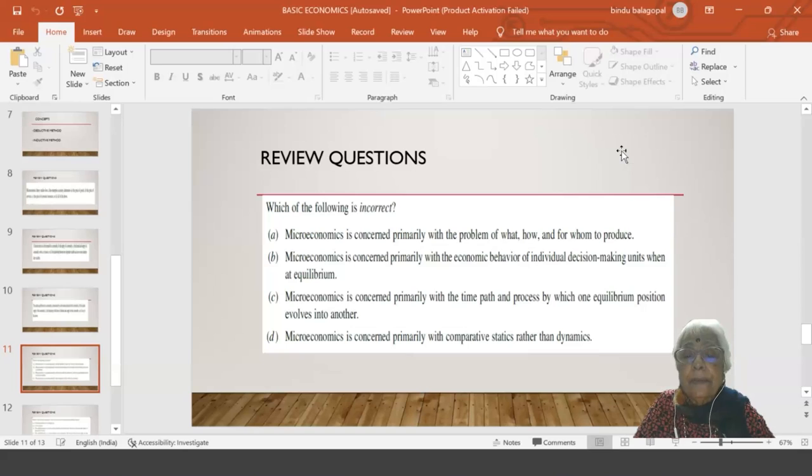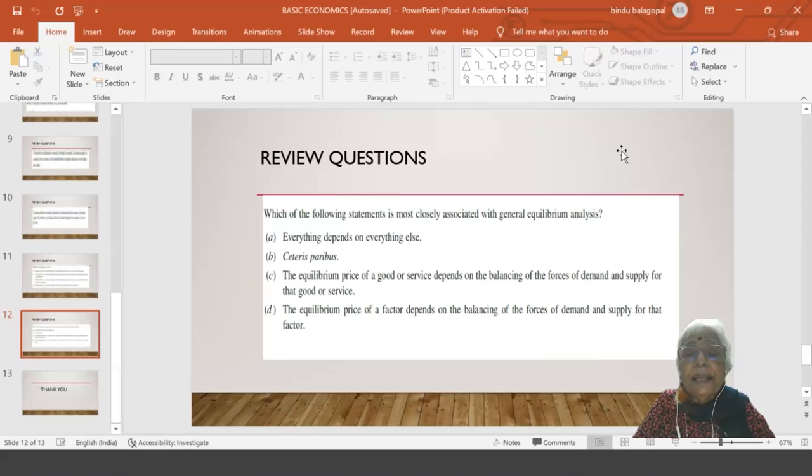B. Microeconomics is concerned primarily with the economic behavior of individual decision-making units when applicable. C. Microeconomics is concerned primarily with the time, path, and process by which one equilibrium position evolves into another. D. Microeconomics is concerned primarily with comparative statics rather than dynamics.